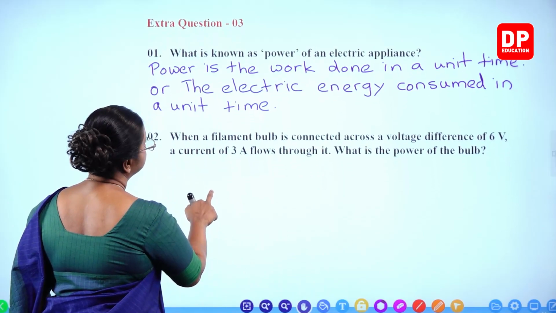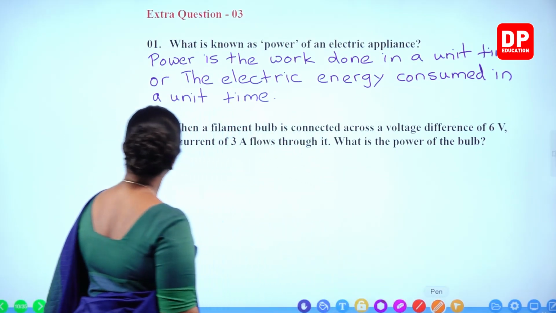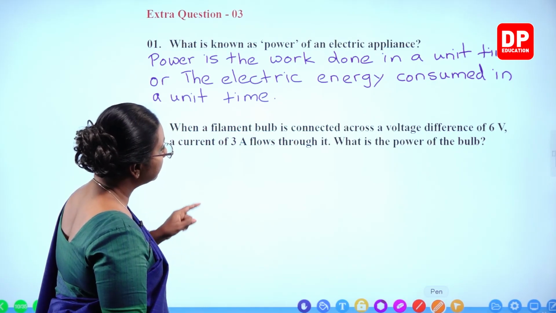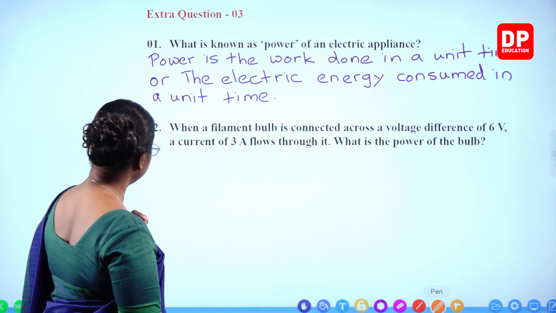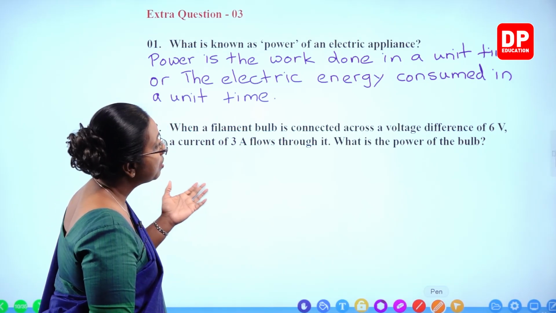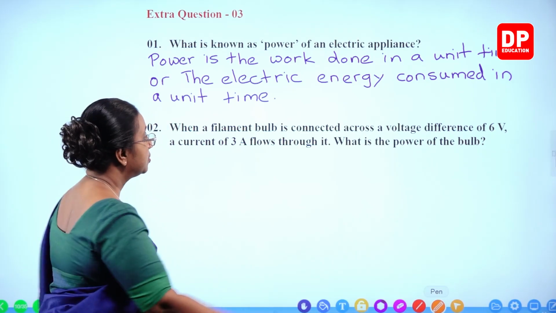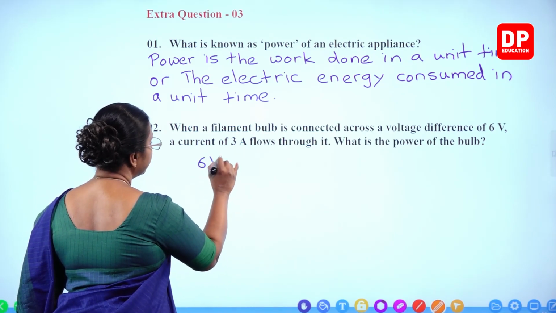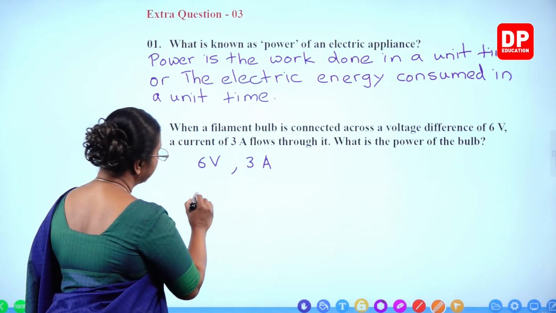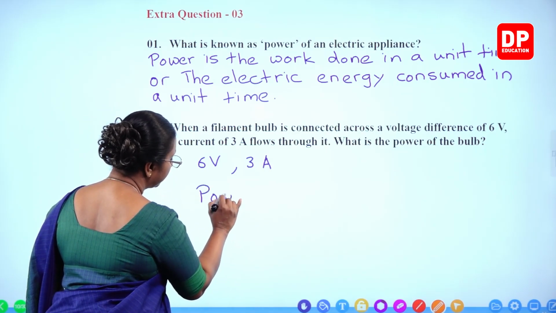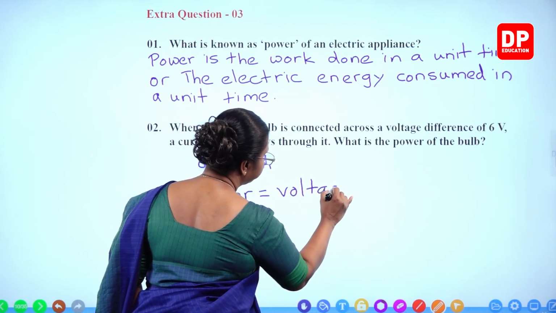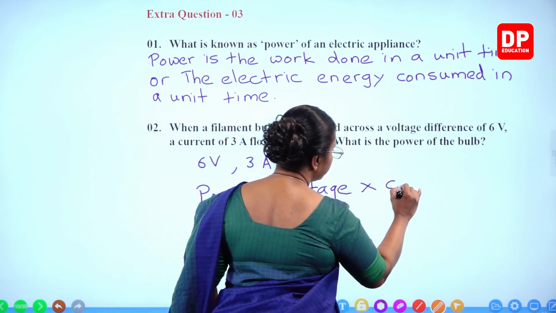So then, second one. When a filament bulb is connected across a voltage difference of 6 volts, a current of 3 amperes flows through it. What is the power of the bulb? So, you know the values 6 volts and 3 amperes. To find the power, what is the equation? Power equals voltage into current.